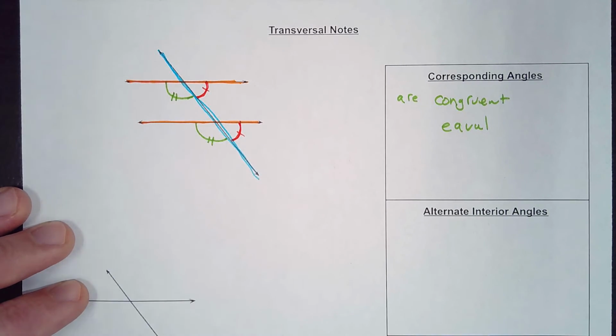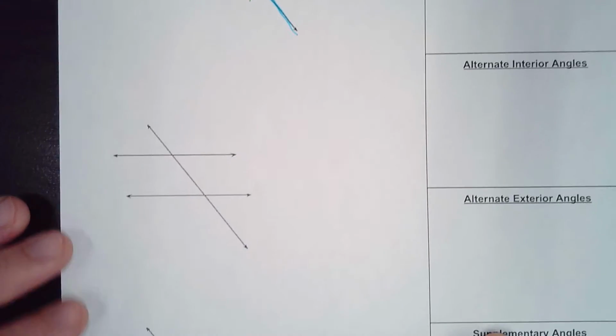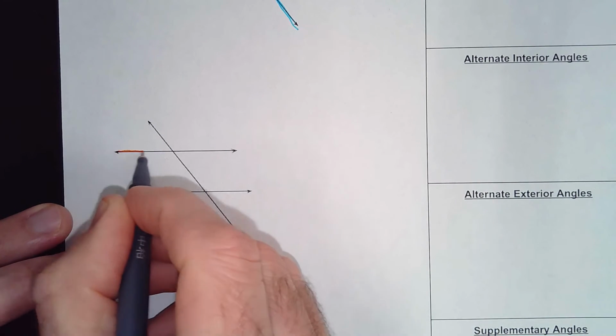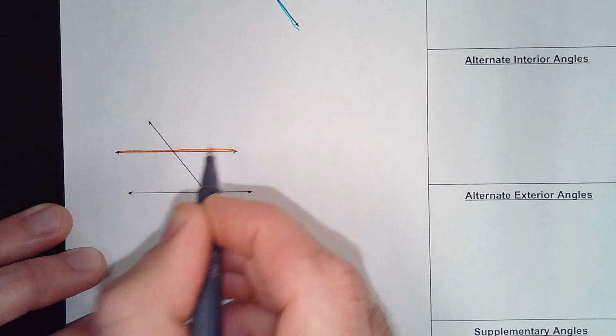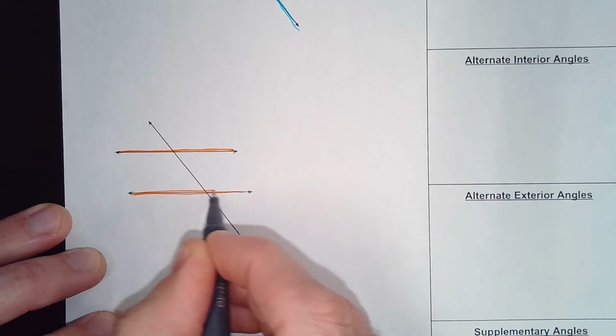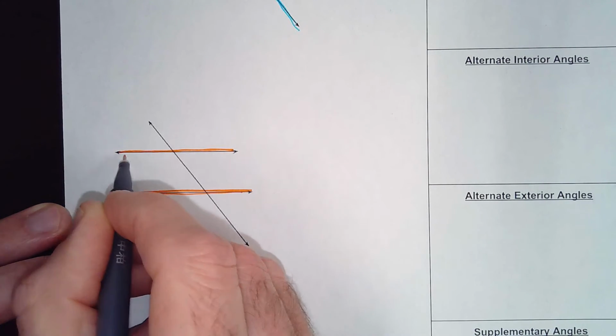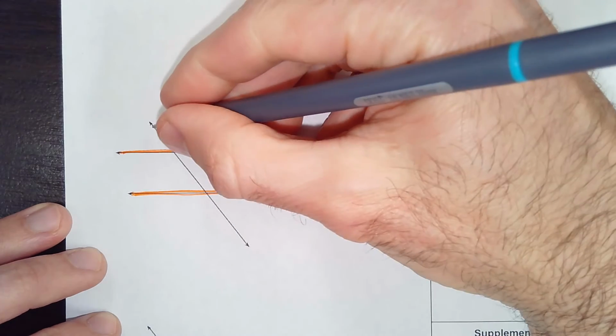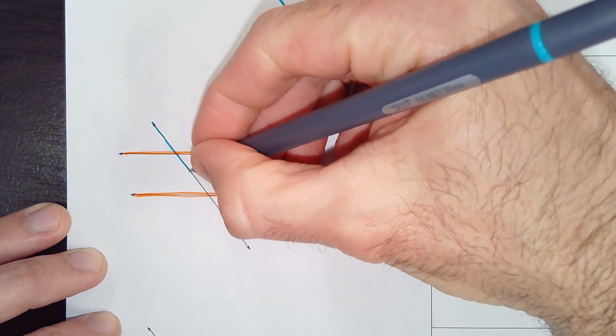All right, now alternate interior angles. Let's do the same thing here. These orange lines are the parallel lines that we have, and then we have a line that intersects both of them.